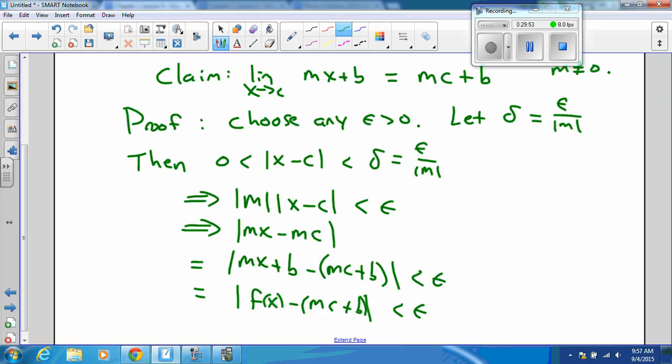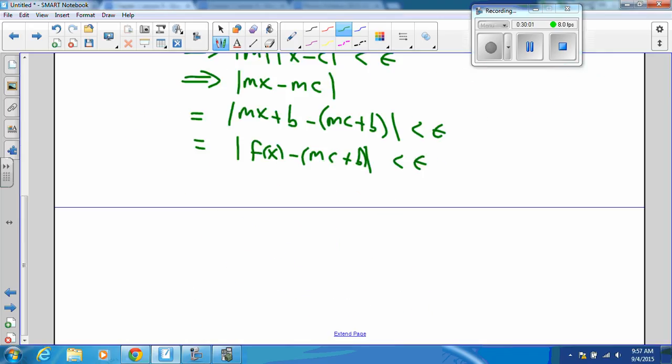And so what I have shown is that whenever |x minus c| is less than delta, that forces |f(x) minus (mc plus b)| to be less than epsilon, and we win.